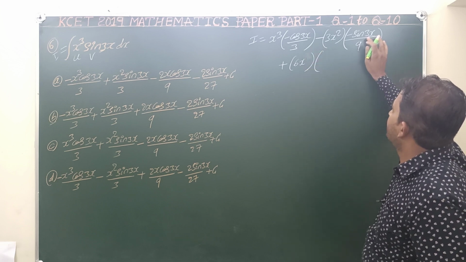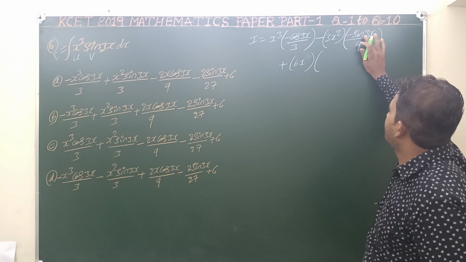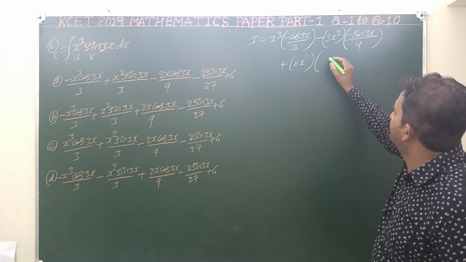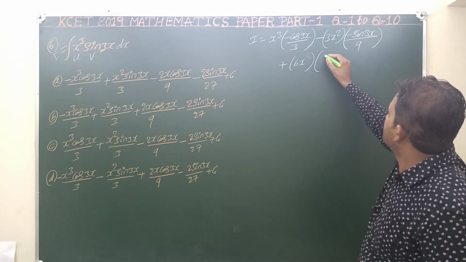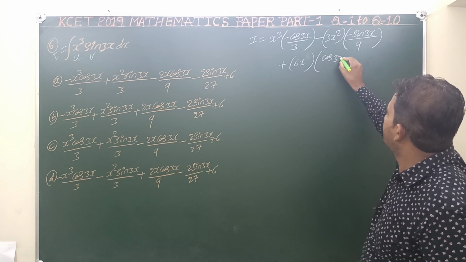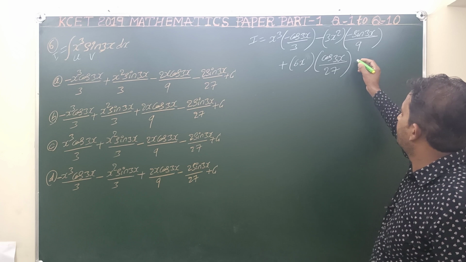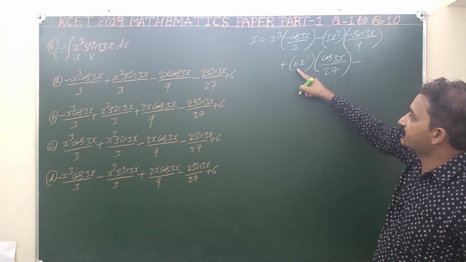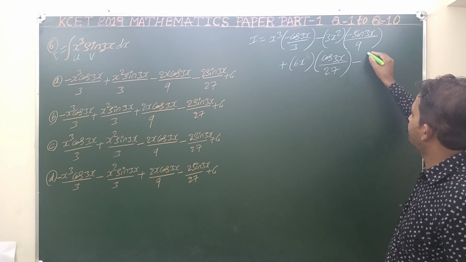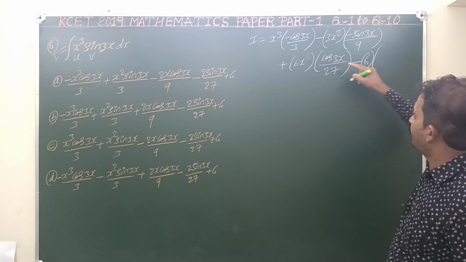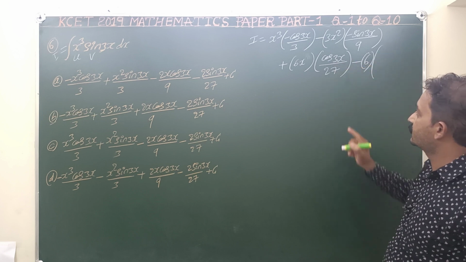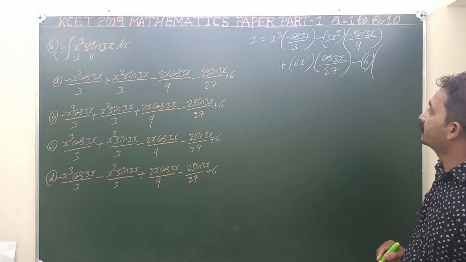Now integration of sin 3x divided by 9 becomes plus cos 3x divided by 27. Now minus, differentiation of 6x is nothing but 6.